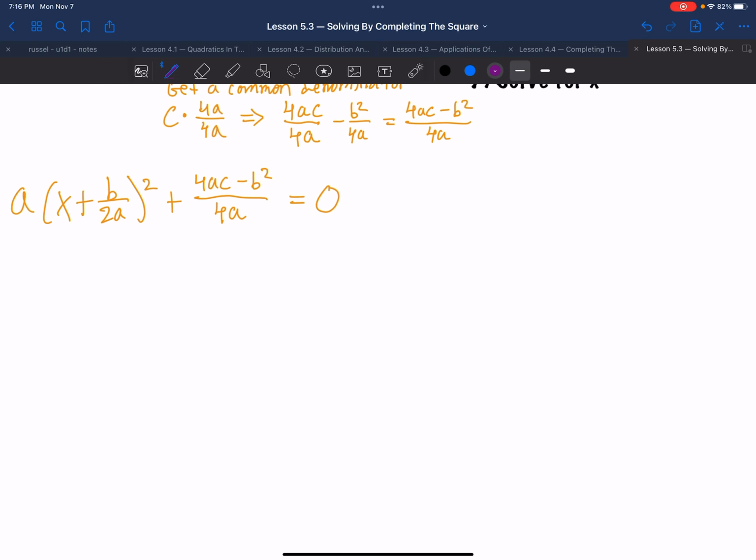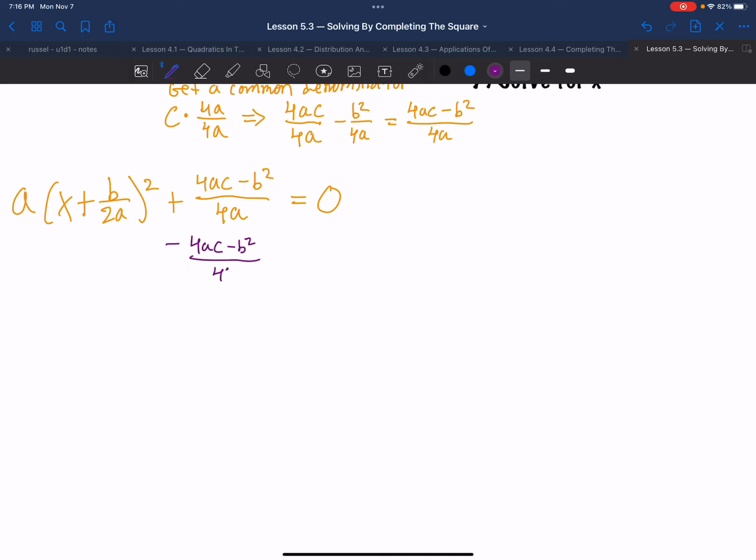I want to isolate the perfect square term. So to do that, I'm going to subtract this to the other side. This gets me A times X plus B over... I don't really like that I had to write all that.